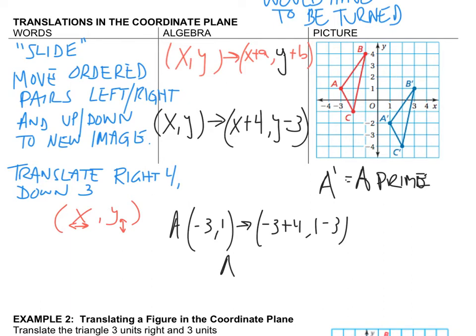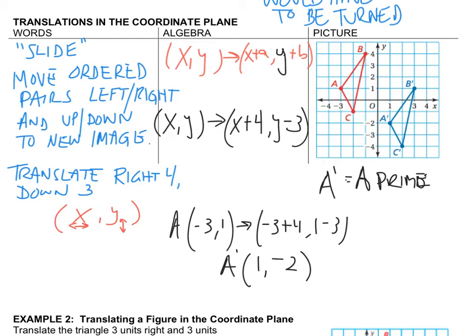So the A prime: negative 3 plus 4 is 1. 1 minus 3 is negative 2. So if I look over on my picture, 1, negative 2, there is A prime.